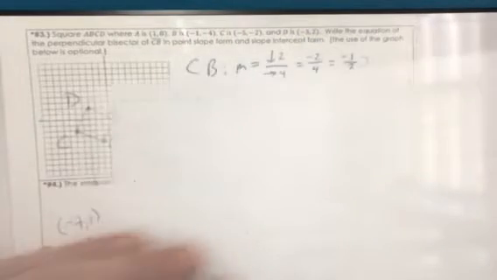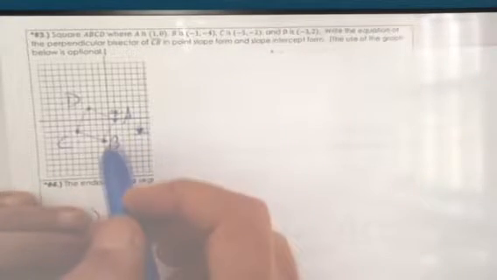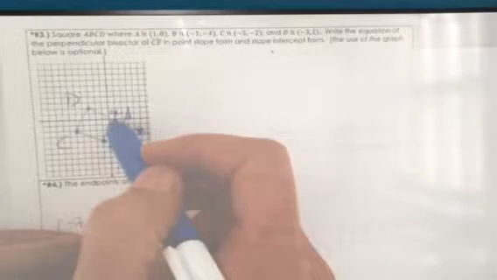So it looks like this. You can see I made a couple of mistakes the first time that I went to plot these points. So plot them carefully. 1, 0 is A, -1, -4, B, -5, -2, C, and D.